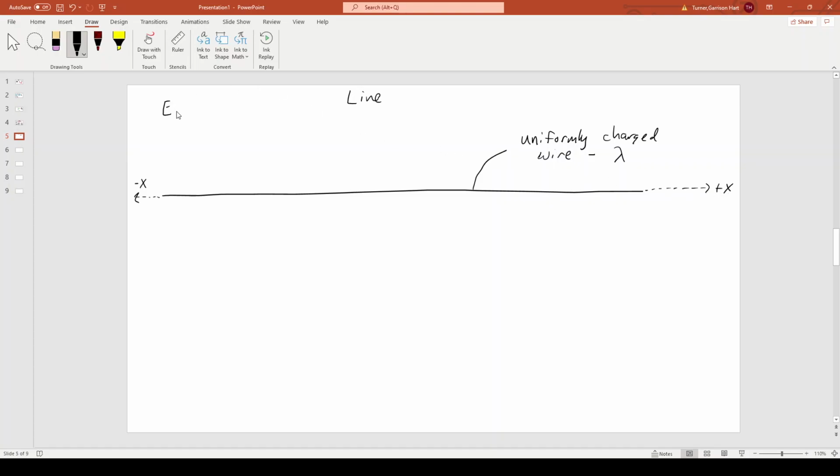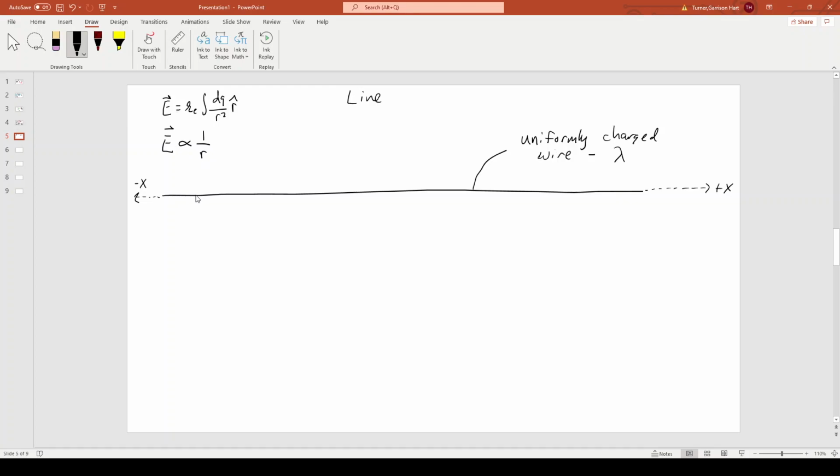And use this equation to find the electric field of this wire at some point above the axis, some point P. And what you'll find is that the field doesn't behave as an inverse square law, but it behaves as an inverse law.